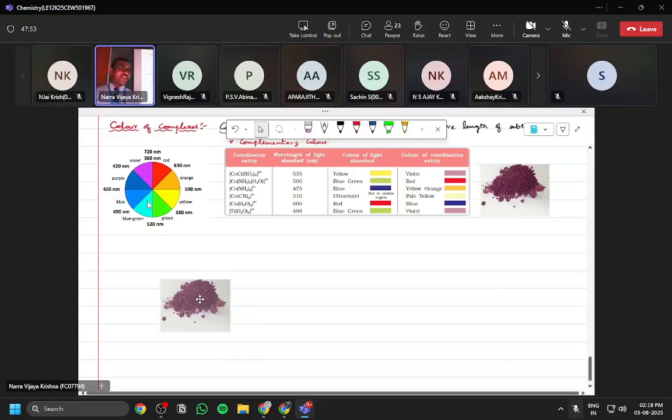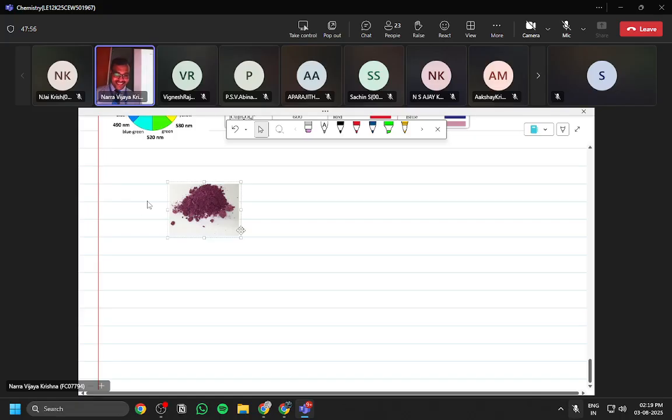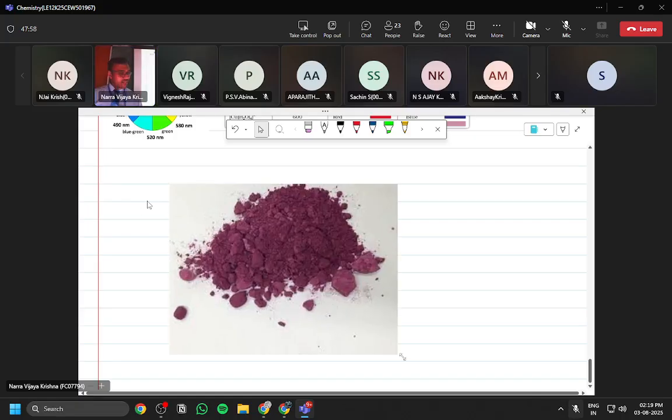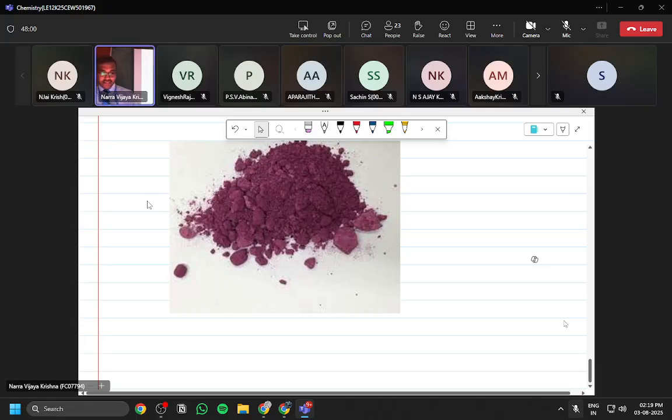You are wearing that color dress, that's why. Is it red color? That is a problem in the projector. What is this color? Is it violet or purple?